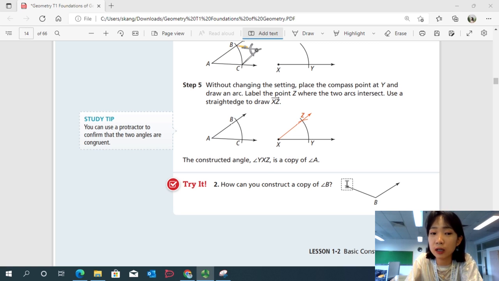Using the same setting, draw an arc from your new intersection point, and the second intersection point on your new arc, your new angle, is your last intersection point, which will give you a copy of your angle B. Okay?